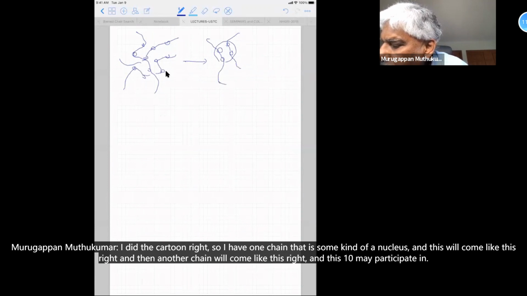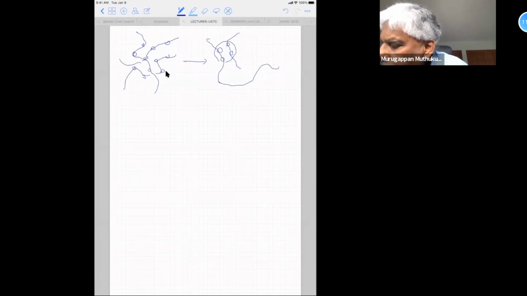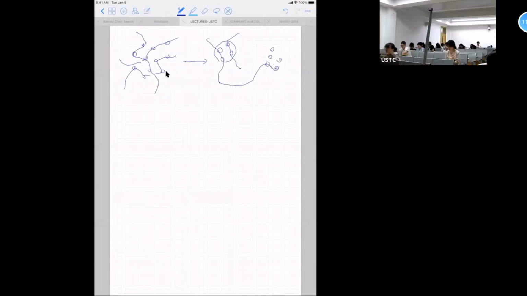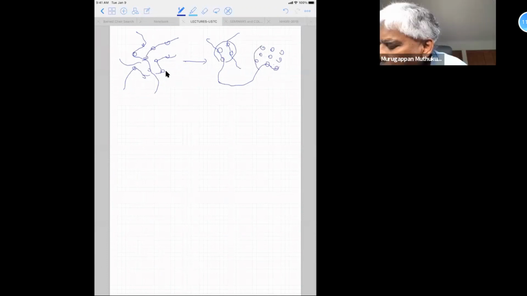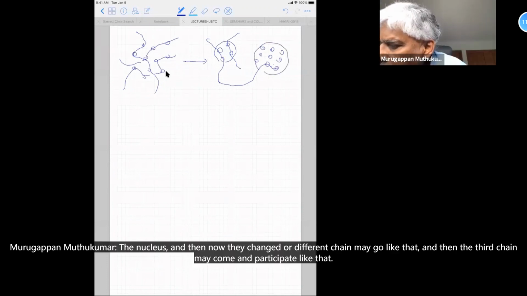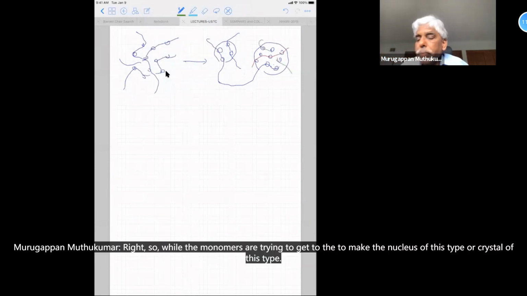And this chain may participate in another nucleus, and then now the chains are different. Another chain may go like that, and then the third chain may come and participate like that, right?